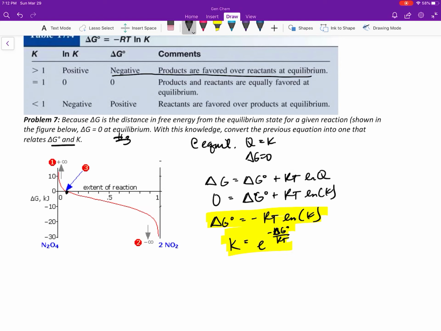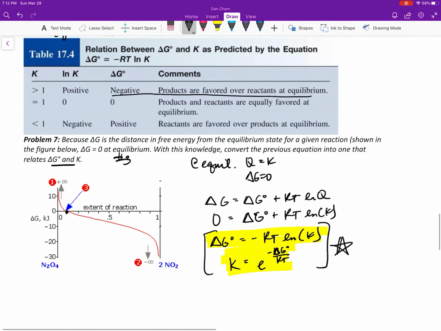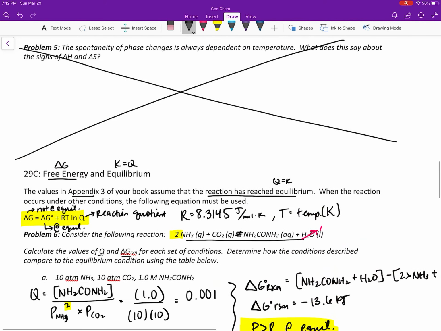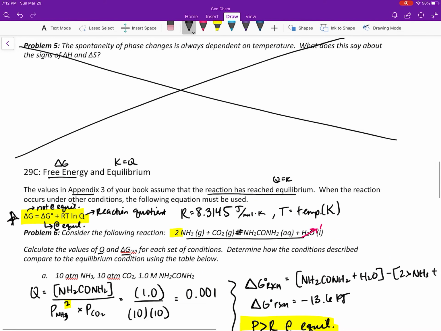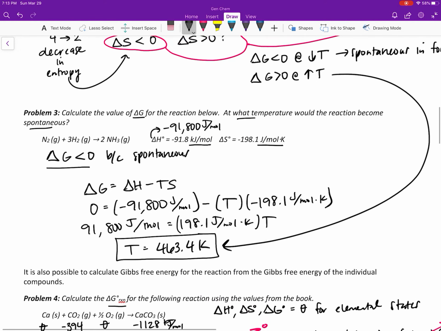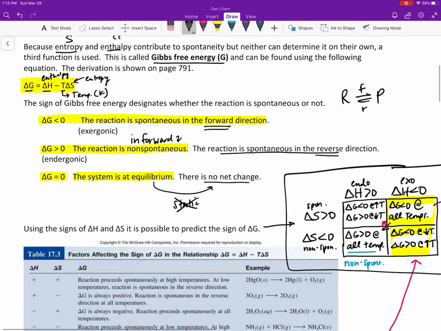These are just algebraically rearranged. I'm not going to expect you to be able to convert, but you need to know these equations. So you have 2 there, 1 right there, and a 4th one right there.